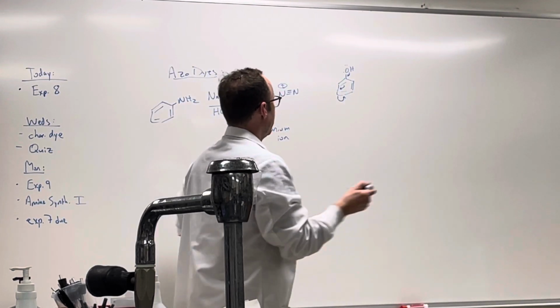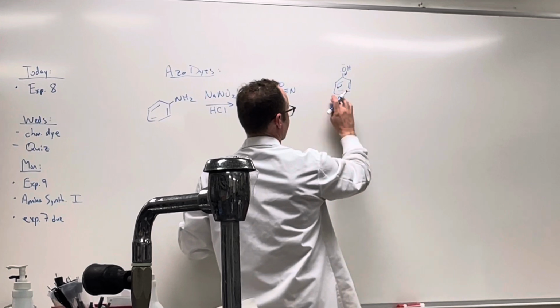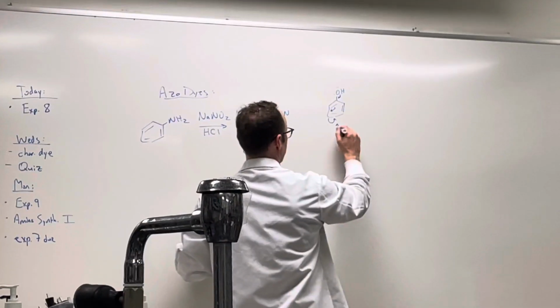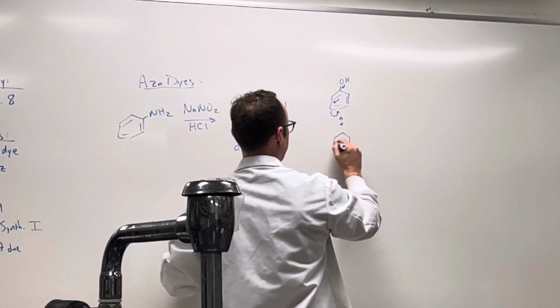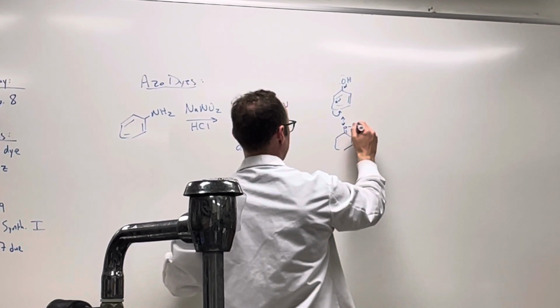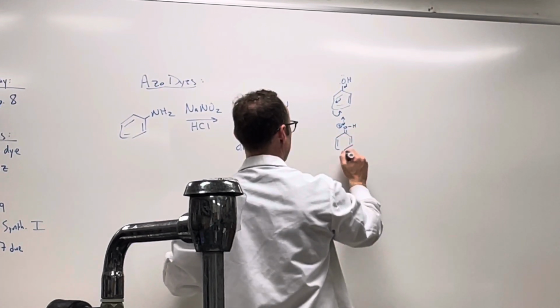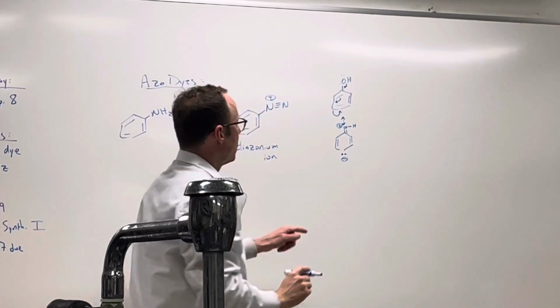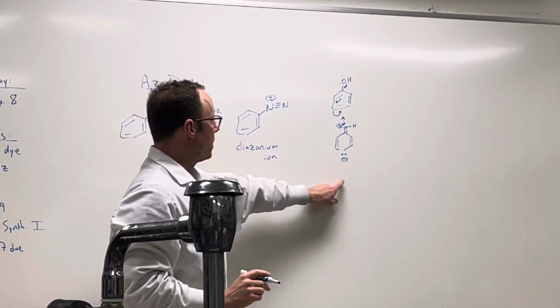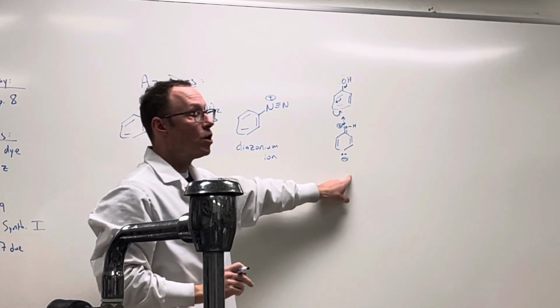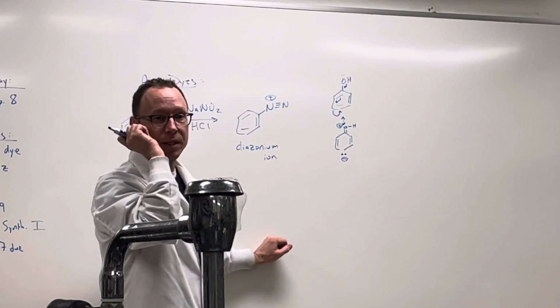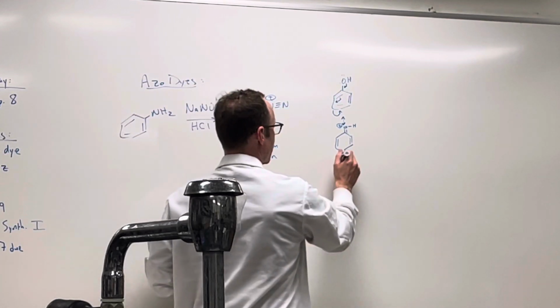And so what's going to end up happening is, let's go ahead and draw that resonance form out. So what's going to end up happening is this electron-rich benzene ring is going to go and attack the diazonium species. And so what you end up getting is something like this.